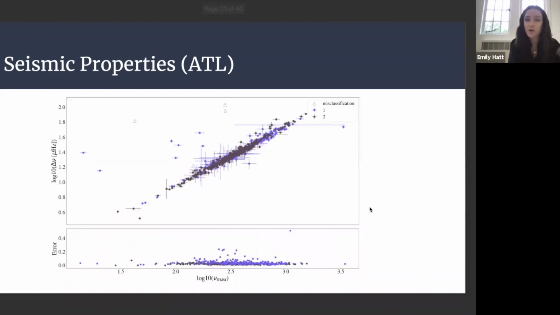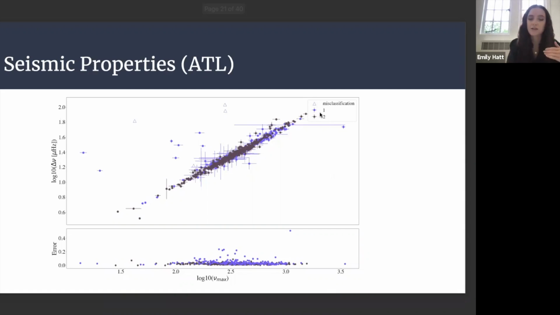Although we can't comment on all of the nu max and delta nu in terms of comparison to other studies for all of these stars, we can make a comment on how accurate we believe they are based on the power law between delta nu and nu max, which we know exists. So this is log 10 delta nu on one axis and then log of the nu max on the other. With the power law, we're expecting just a straight line in the middle. I've also coloured the plot points by how many flags they flag up in ATROPOS.